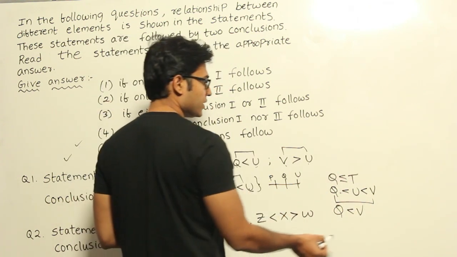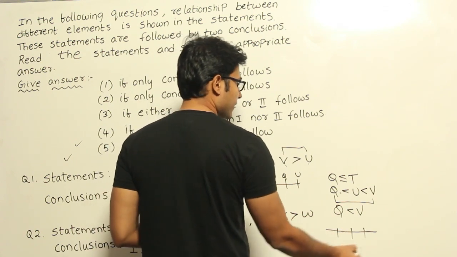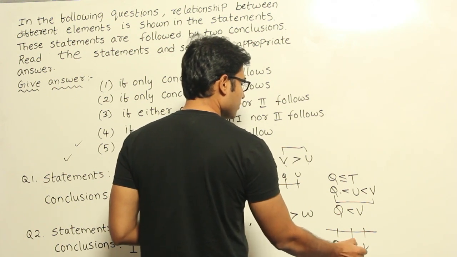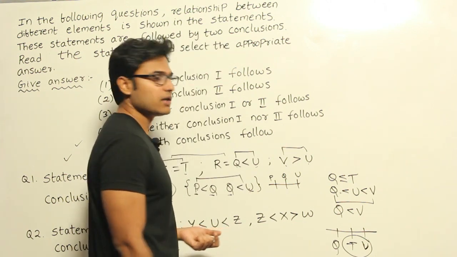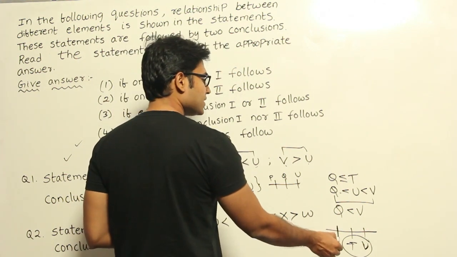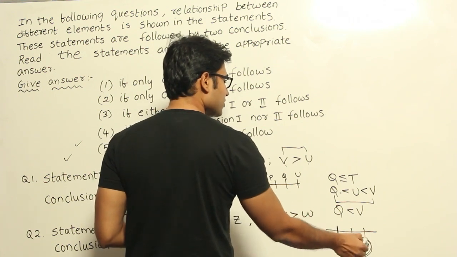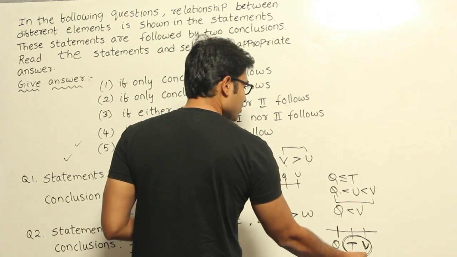Now if you try to put them on a number line, Q is going to be here, then T and V are going to be here, but the relationship between these two is not known. Why? Because it is known that Q is less than or equal to T and Q is less than V, but we don't know exactly the relationship between these two. This is one possibility, or this is the other possibility.